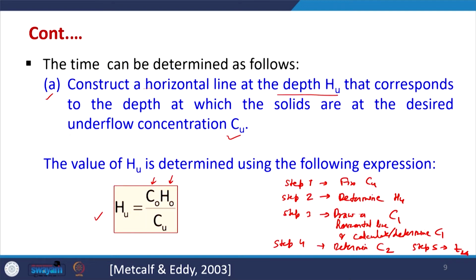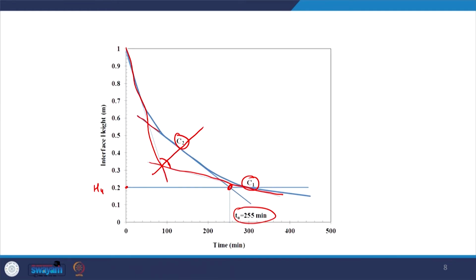So, I am repeating this overall step here. We have a curve. The first step is to find out Hu. Second step, draw a curve here which meets the settling curve at point C1. Draw two tangent lines, one at C1, another at the initial settling curve, and they meet at some point.